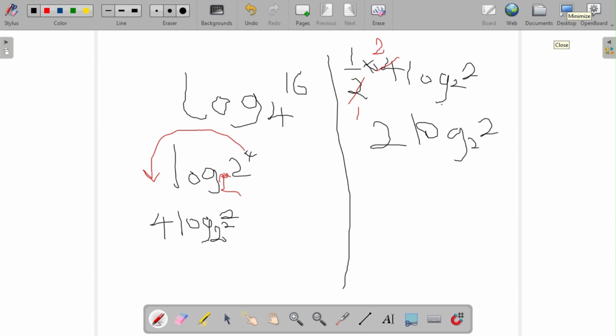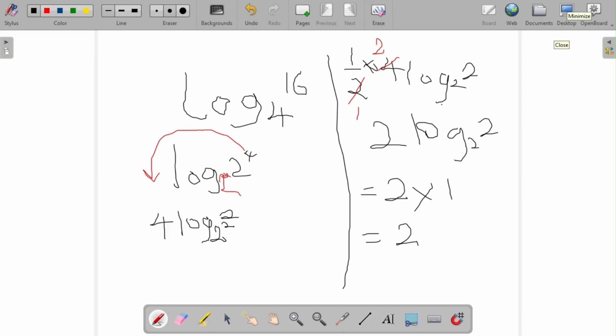This comes from the situation whereby you have log a to base a, which is what? 1. So since log 2 to base 2 is 1, finally your final answer will be what? 2 times 1. And your final answer is what? 2. So that is how to solve this kind of question on log.